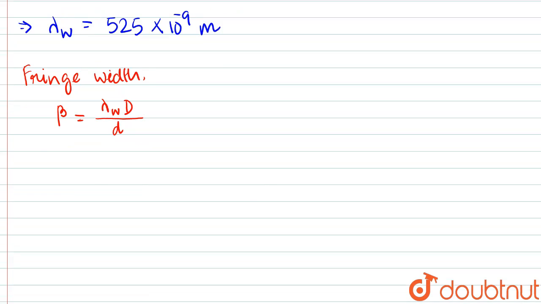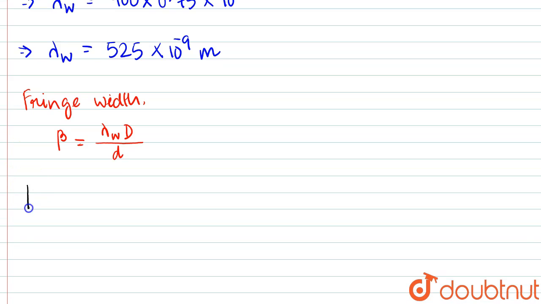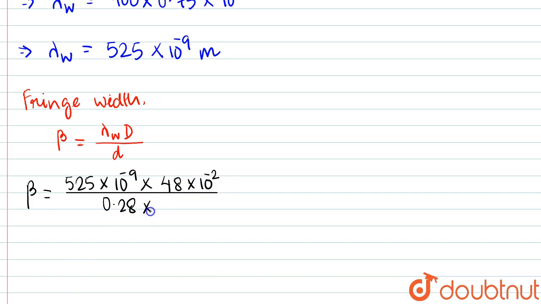Now to find out the fringe width, we put the respective values. Fringe width beta will be equal to 525 times 10 to the power minus 9 multiplied by 48 times 10 to the power minus 2 divided by 0.28 multiplied by 10 to the power minus 3.